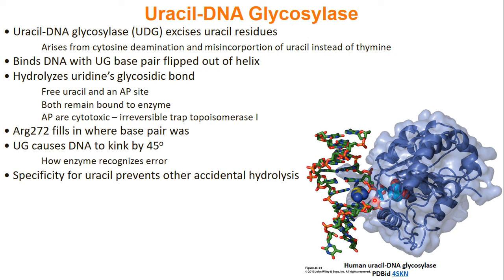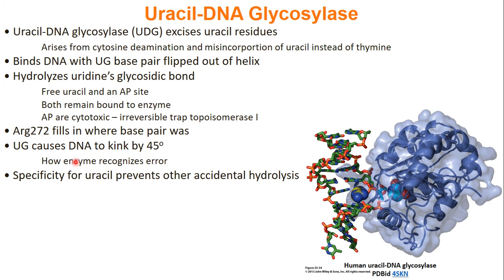So to prevent that from accidentally happening, these uracil DNA glycosylases will just hang on until it can come and be fixed. So where that base was, arginine 272 on our protein will go and just stick in that site, and that's what's being shown right here. And the way that these glycosylases work is that they're looking for specific geometry.